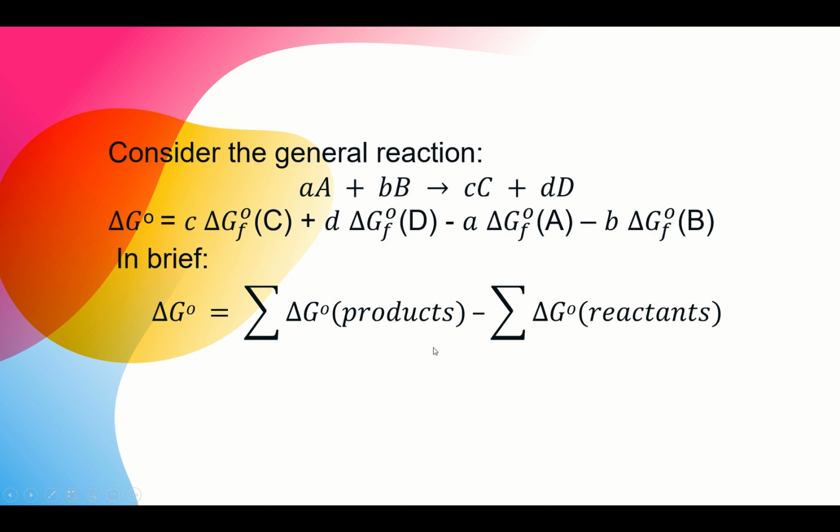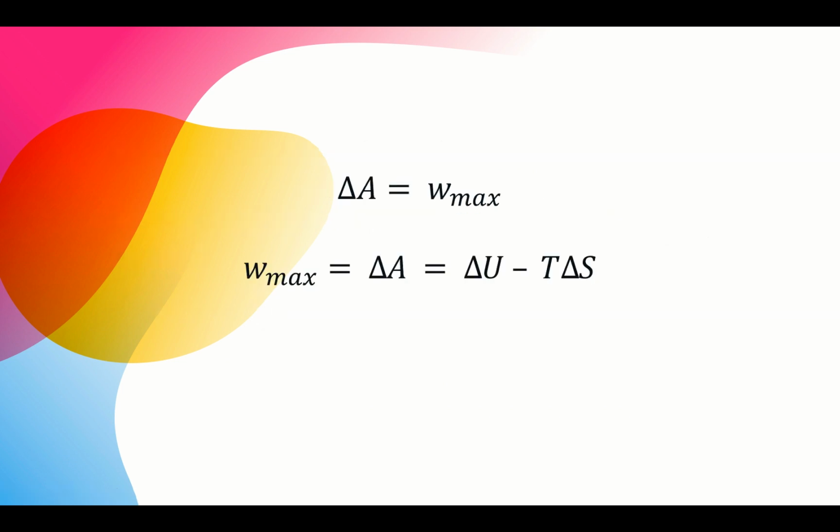Now, it's also a state function, so delta G standard is equal to that of the products minus that of the reactants. Then we have another free energy, which is the Helmholtz free energy, delta A, which is equivalent to maximum work.